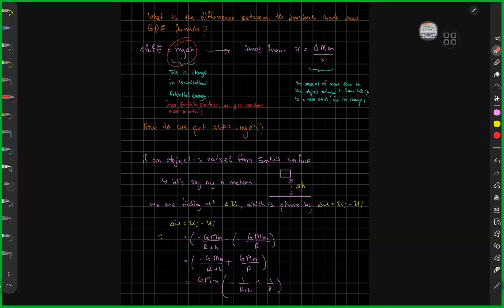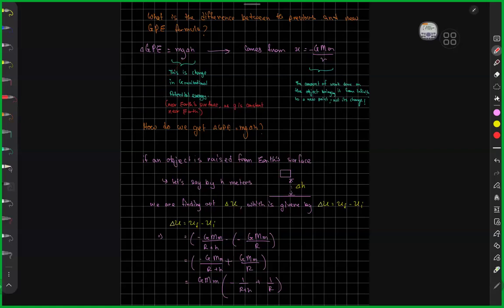There, the gravitational potential energy is different. No question about that. But for small distances above Earth's surface, this formula works. Why? Because for all the values of height, you're considering g to be 9.81, which is why this formula is only valid for small distances above Earth.